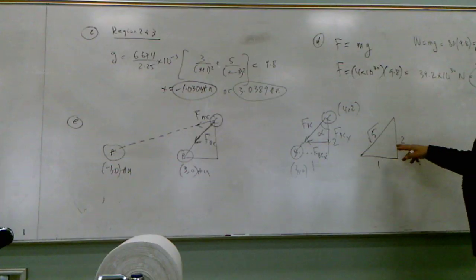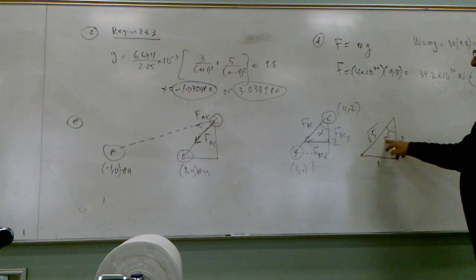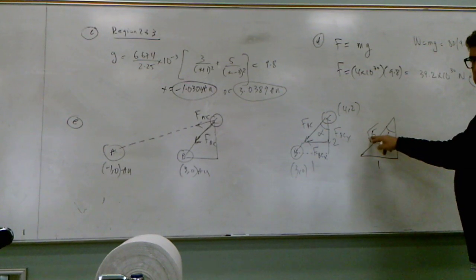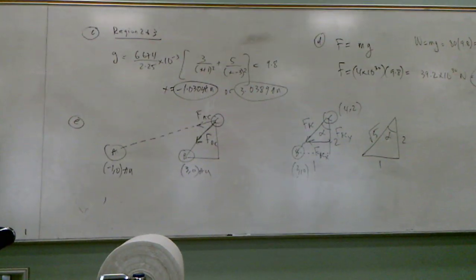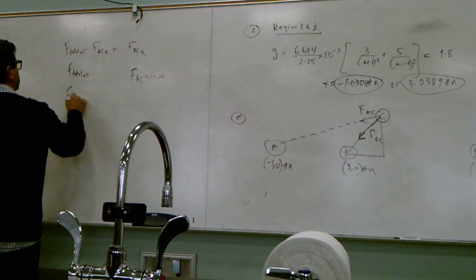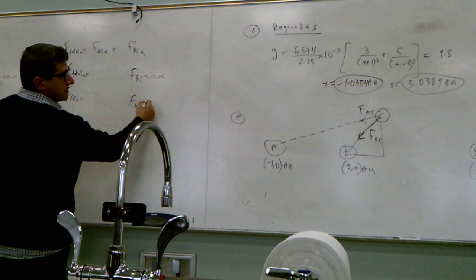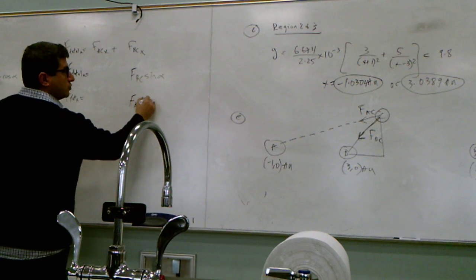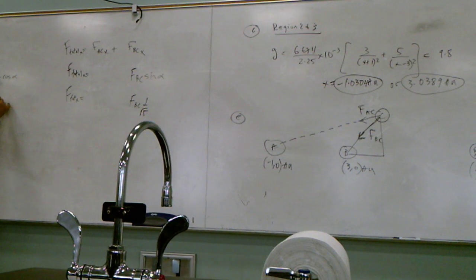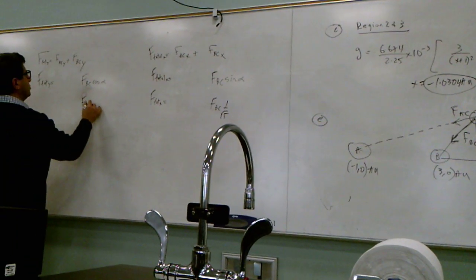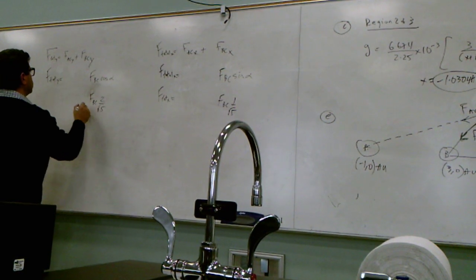So then, if we're defining this as alpha, cosine of alpha is going to be 2 over square root of 5. And then sine of alpha is going to be 1 over square root of 5. So then you'll have here F total x is going to be FBC sine alpha, 1 over square root of 5, and then FBC cosine is 2 over square root of 5.